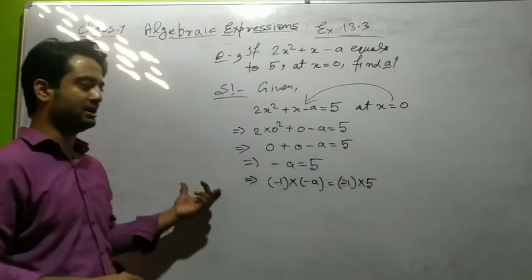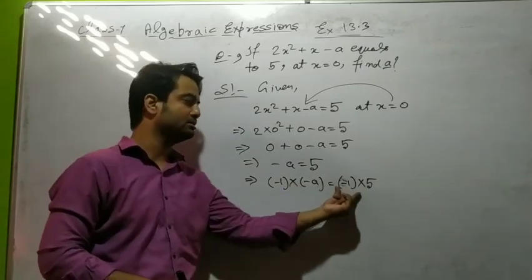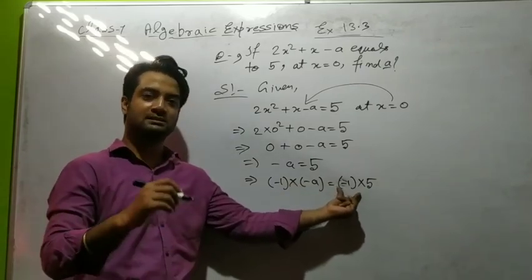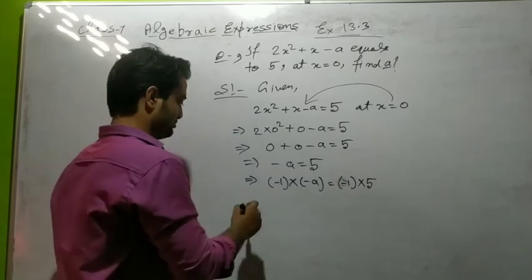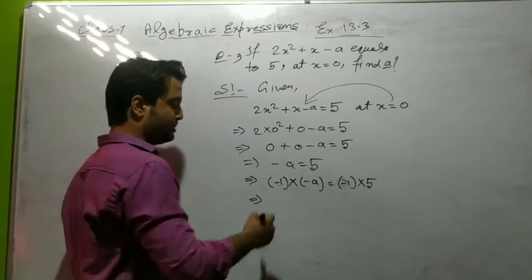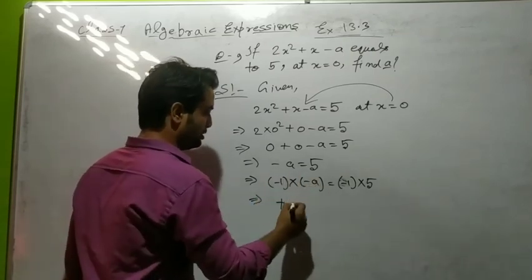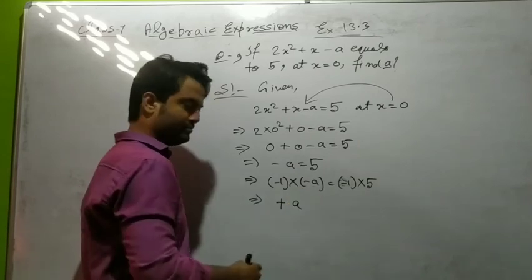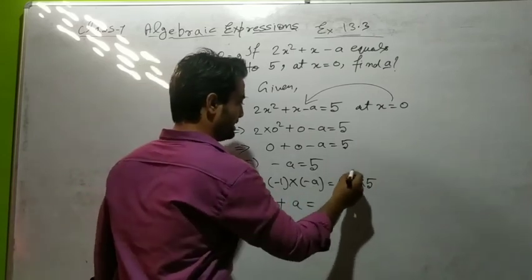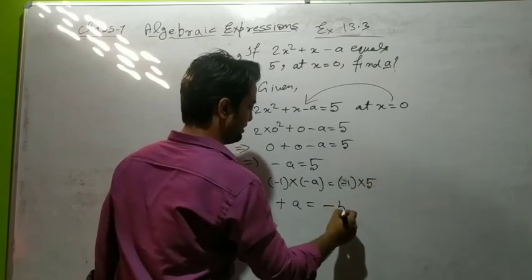If we multiply both the sides of the equation with the same number, then also the equation is balanced. So minus 1 into minus a, minus into minus, plus 1 into a, equals minus into plus, minus 1 into 5.